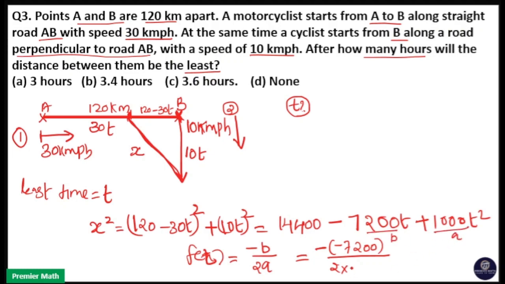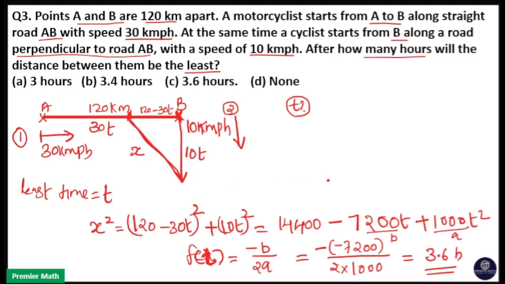This is b and this is a. So a is equal to 1000, which means the point will be at 3.6 hours. This is in terms of time, and this is f of t, a function of t, which has its minimum at minus b by 2a.